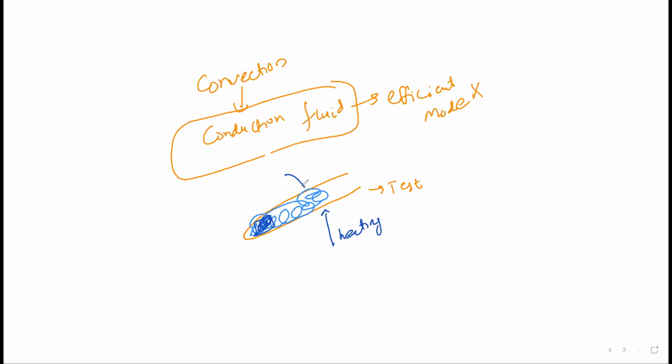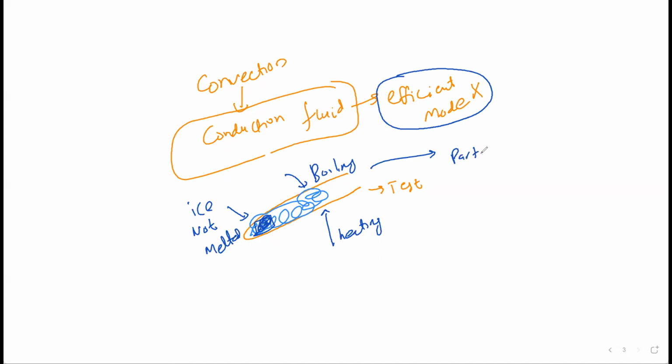And we saw that the water at this end started boiling, yet the ice was still to be melted. From there, we came to know that it's not the efficient mode of transfer of energy when it comes to fluids. Because in fluids, the particles are further away from each other, so it's not possible for them to exchange their energy to the neighboring particle efficiently.